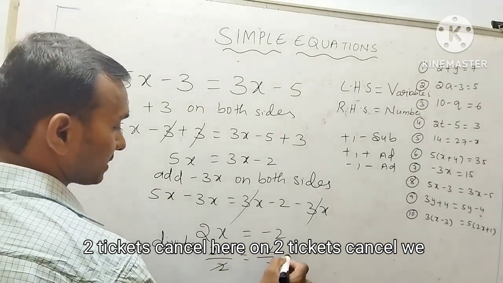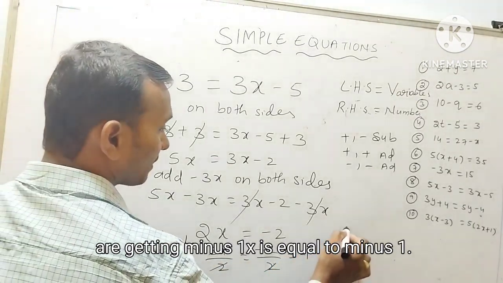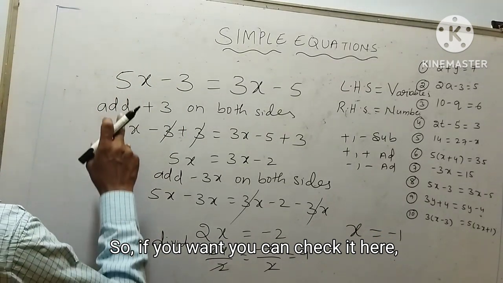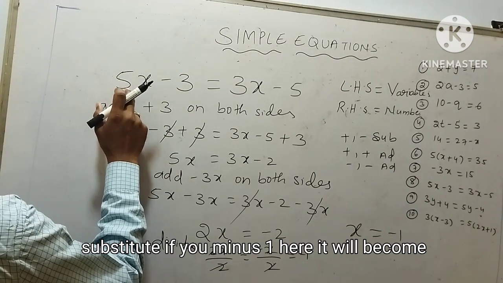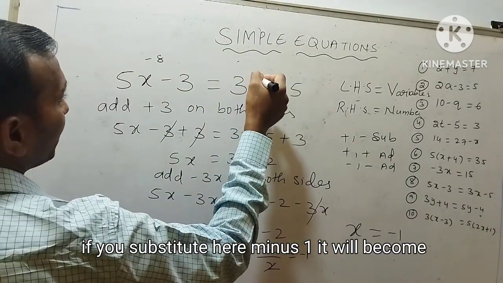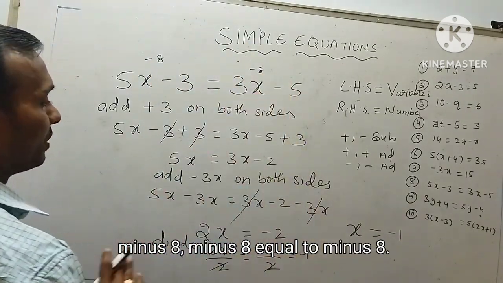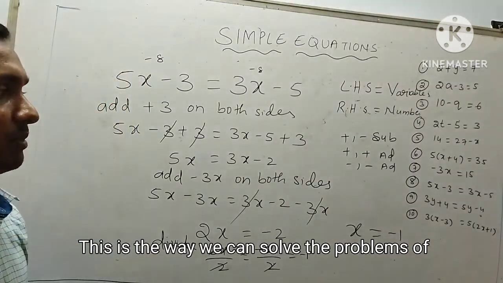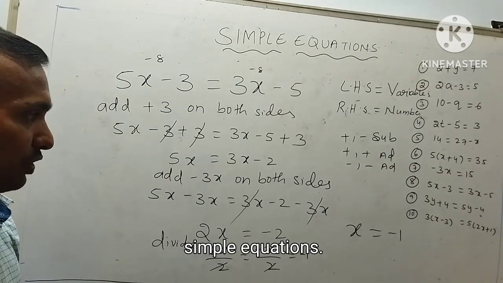Here also 2 gets cancelled. We are getting minus 1. x is equal to minus 1. So if you want, you can check it here. Substitute minus 1 here, it will become minus 8. If you substitute here minus 1, it will become minus 8. Minus 8 equal to minus 8. This is the way we can solve the problems of simple equations.